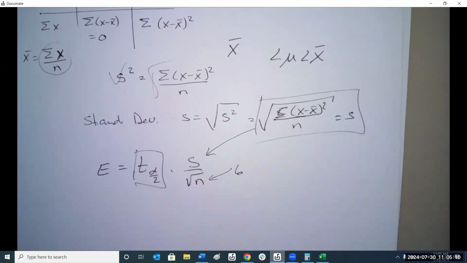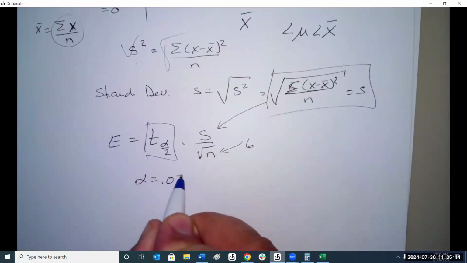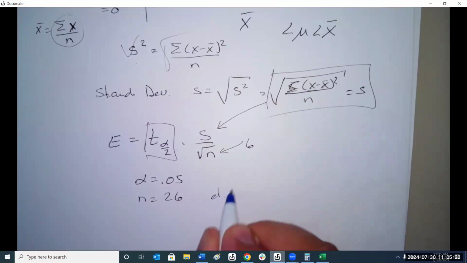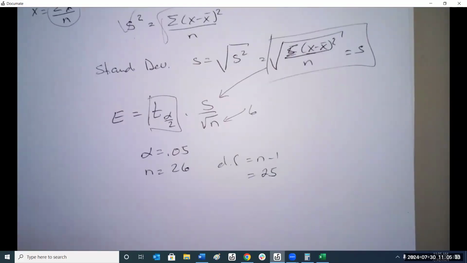This was from the table at alpha equals 0.05 and n equals 26. So the degrees of freedom is n minus 1, which is 25. And I put it all together.